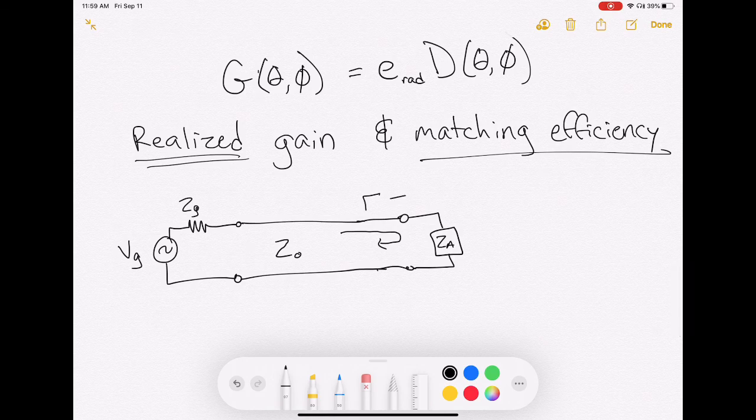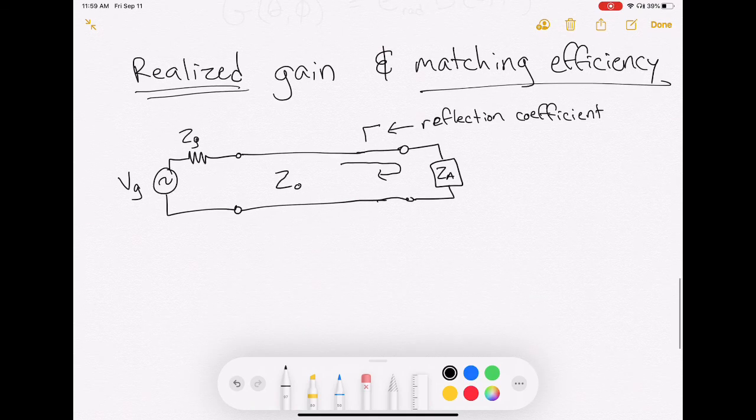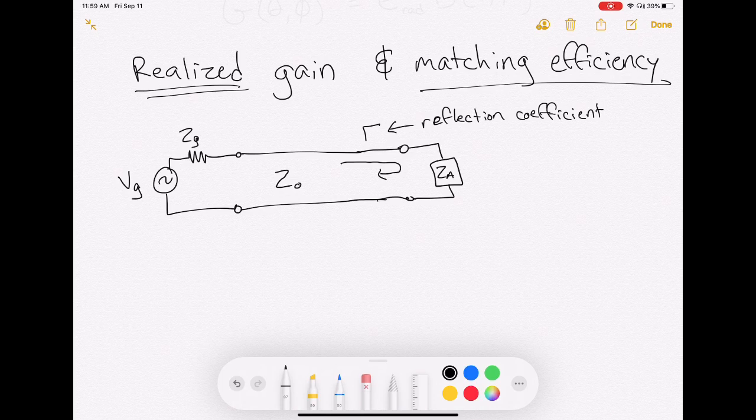Our reflection coefficient, gamma. If that's not familiar to you, review POSAR. I'll put up a chapter from POSAR that you can read if the reflection coefficient is something you don't remember. All right, so some of the power that is available from this generator is not being delivered to the antenna.